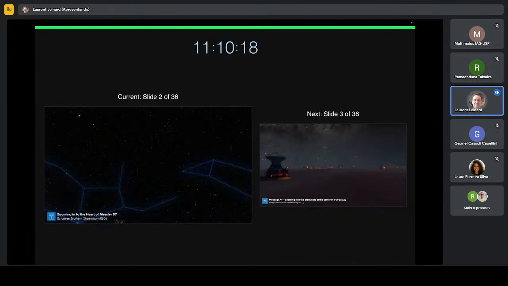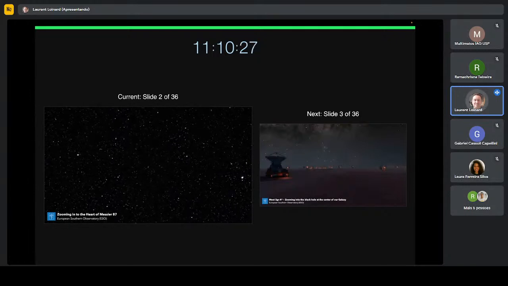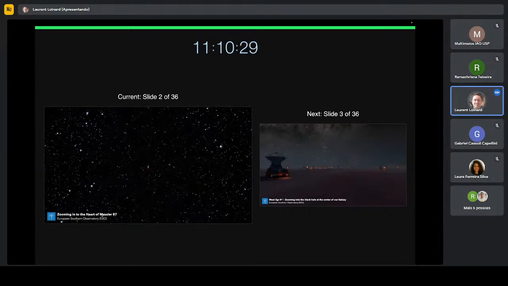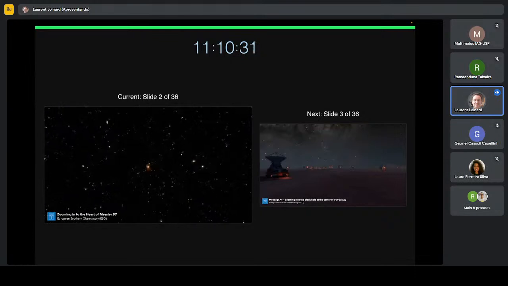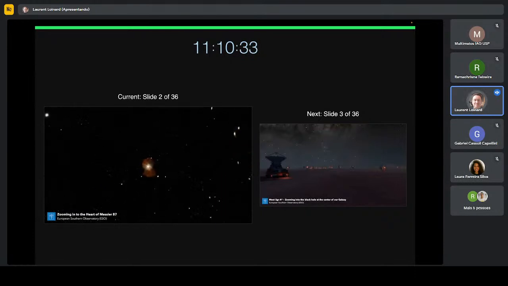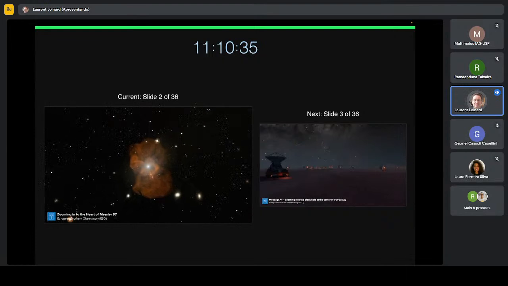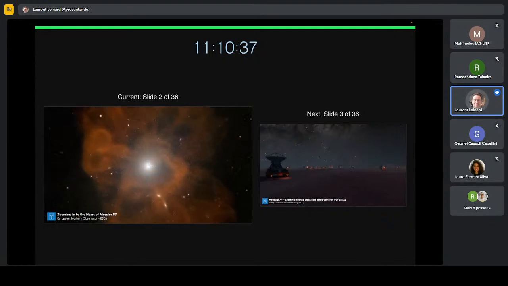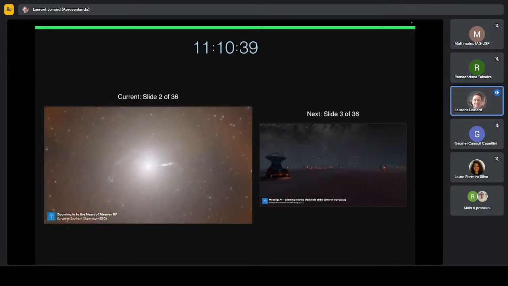Here's a very nice animation that was made by ESO just before the publication of these first results. What we are going to do now is to zoom in on M87. M87 is in the cluster of Virgo. This is actually a nice recent image obtained at very low frequency in the radio.